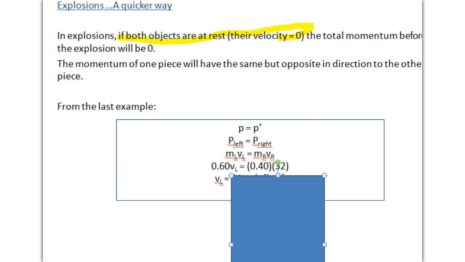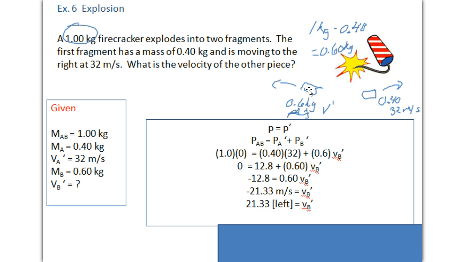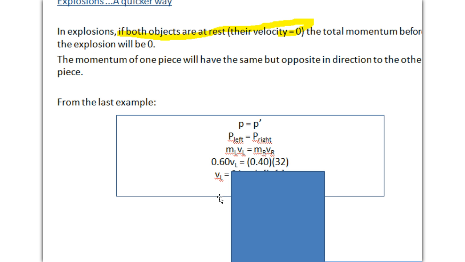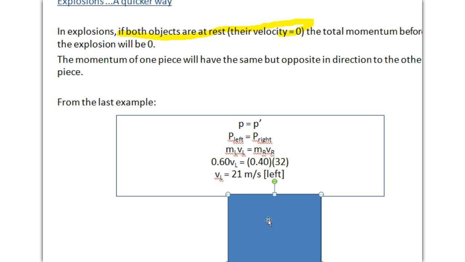We figured that out, that's nothing new. We didn't know its velocity. The piece that was moving to the right, we were told moves at 32 meters per second, and its mass is 0.4. So if you work this out, you get 21 meters per second to the left.